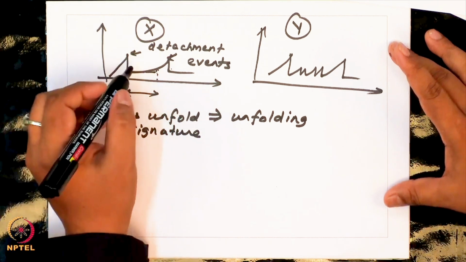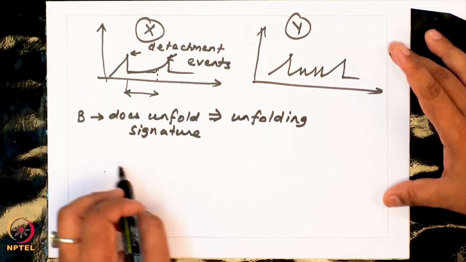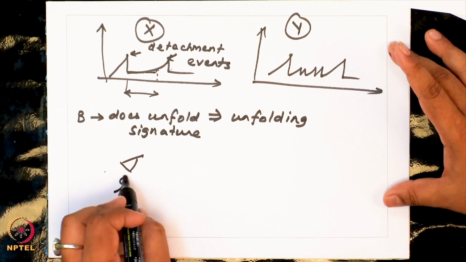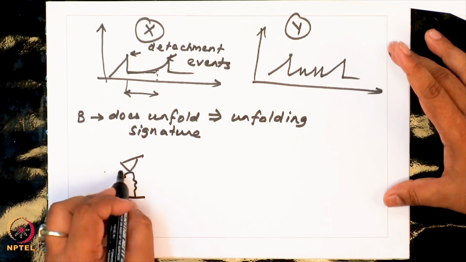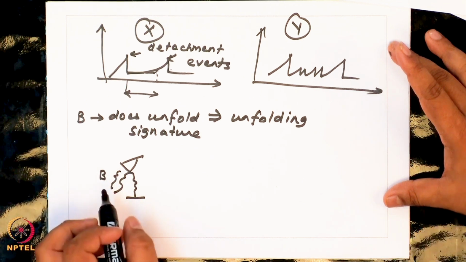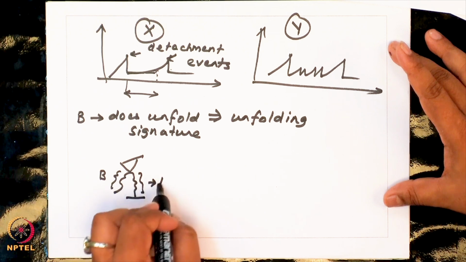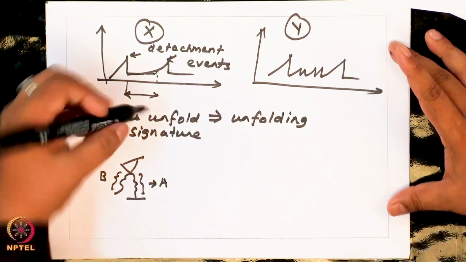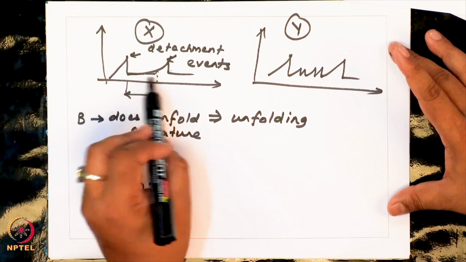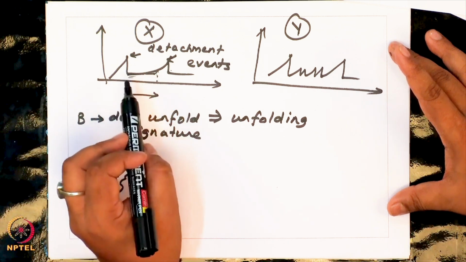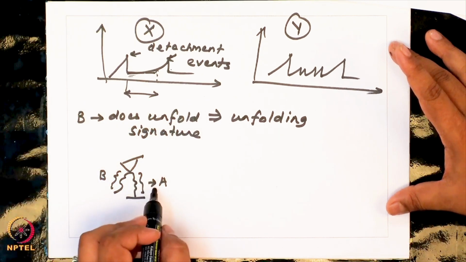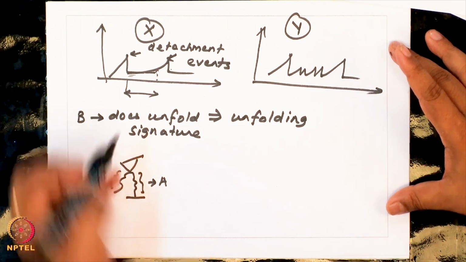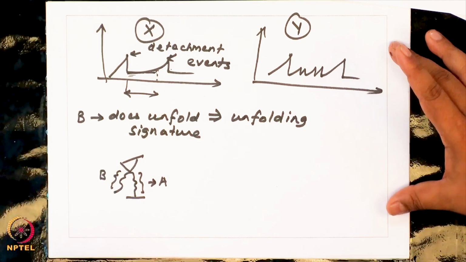In case X, if you pick up the protein such that all these B domains are here and all these A domains are here, B will not contribute to your signature, suggesting that this long gap of almost 0 force is a consequence of your domain A. But you do not know for sure, because you have not gotten any contribution from B.